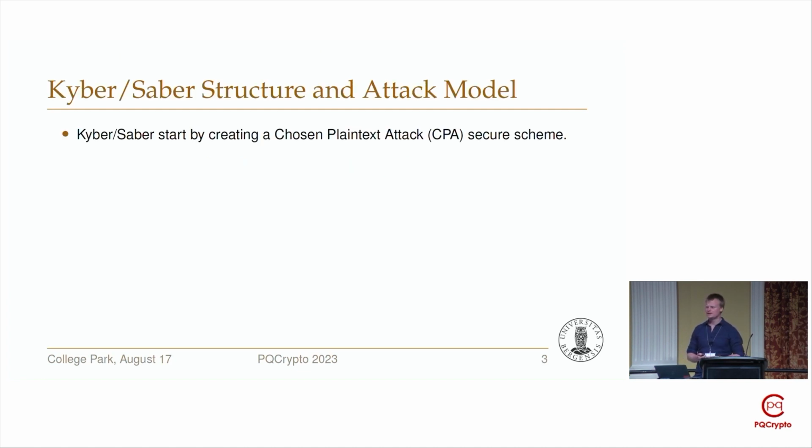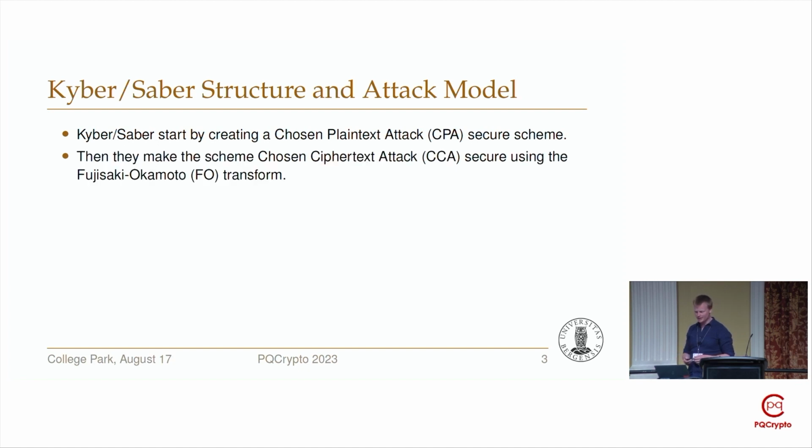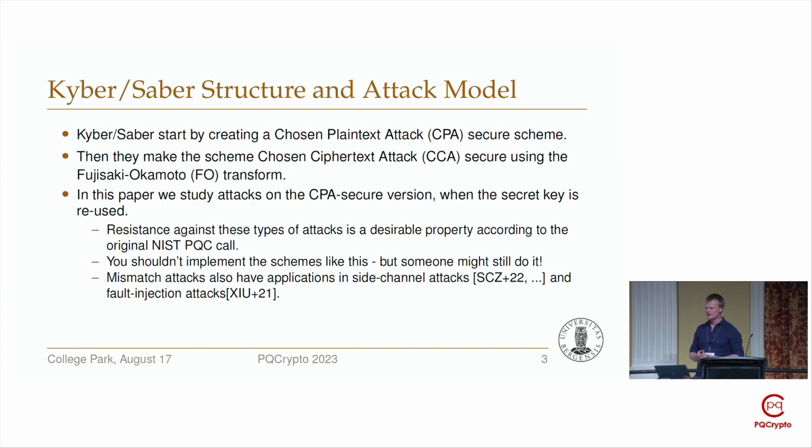So now, Kyber and Saber, they both start by creating a CPA secure scheme, and then you add the FO transform on top to create a CCA secure scheme. So what we study in this paper is attacks on the CPA version of the scheme in the setting where the secret key is reused.